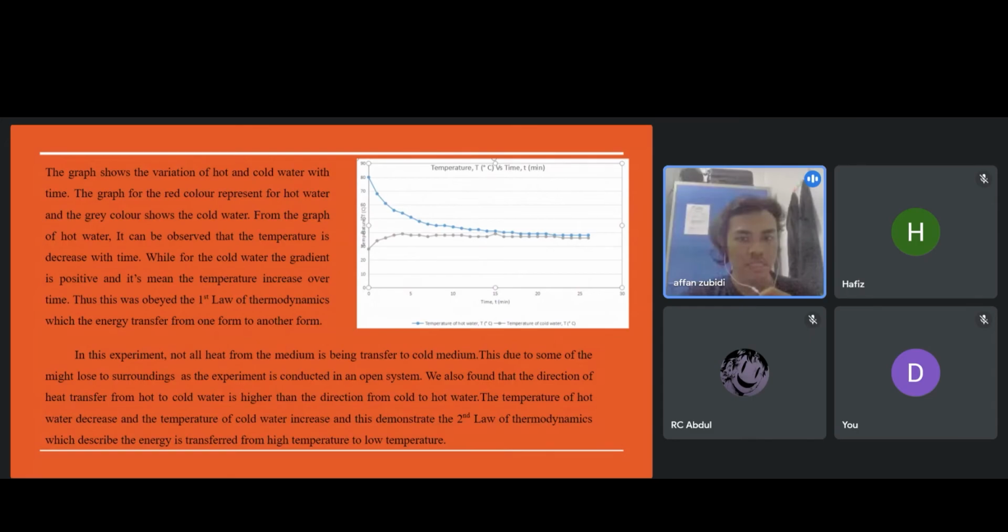The temperature of hot water decreased and the temperature of cold water increased, and this demonstrates the second law of thermodynamics, which describes that energy is transferred from high temperature to low temperature.